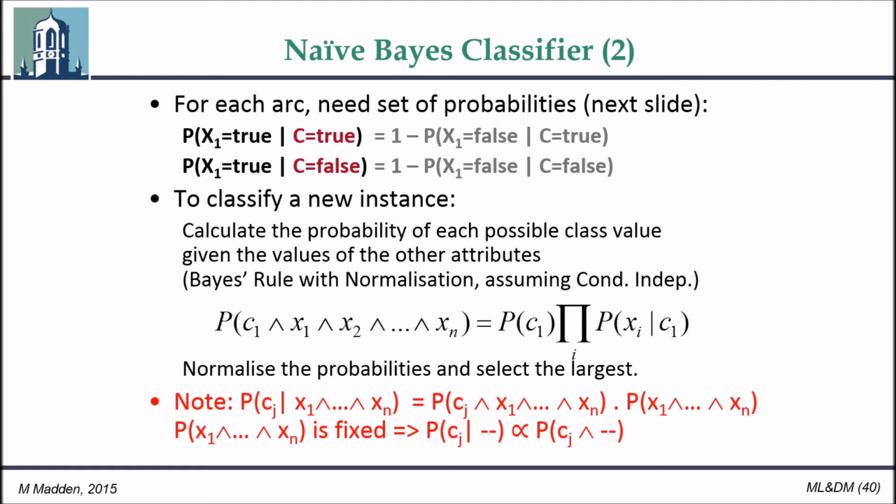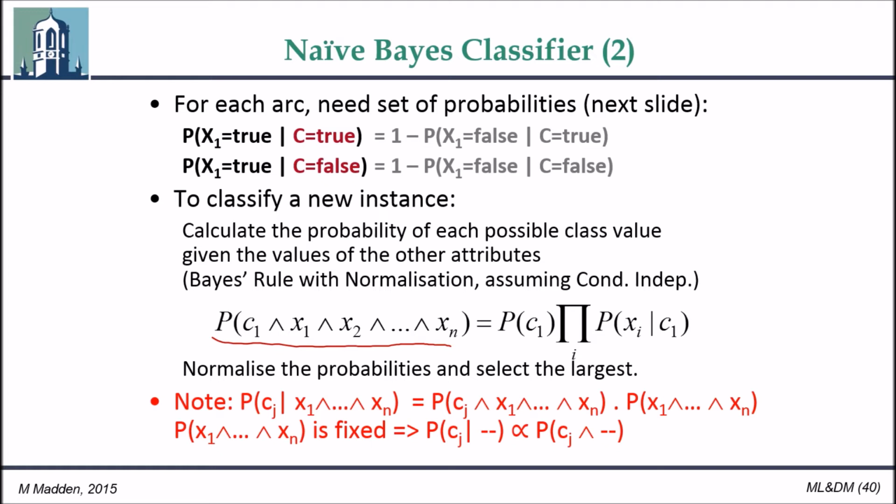So what we're getting here is the combined probability of all of these values here, and then we normalize those and we select the largest value. We're going to go with the class that is the most probable class.